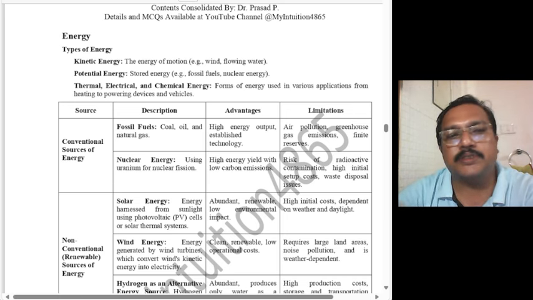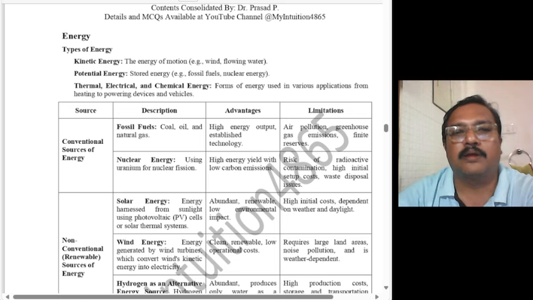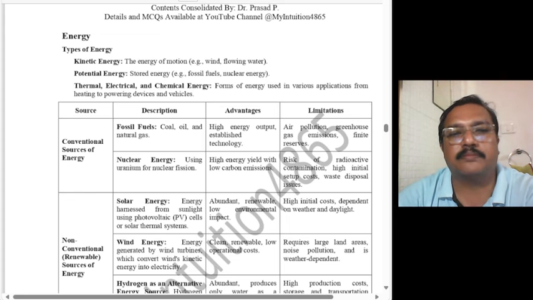The conventional sources often cause pollution and may eventually run out, while the renewable sources are cleaner and renewable but may be dependent on weather or have high initial cost. So by understanding these sources, we can make a better choice about using energy responsibly.